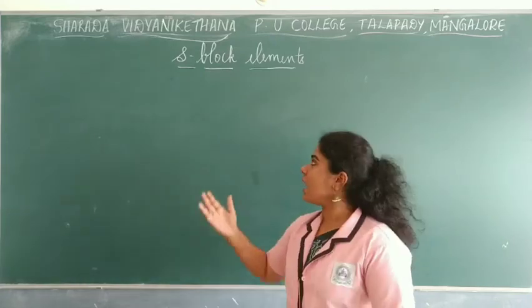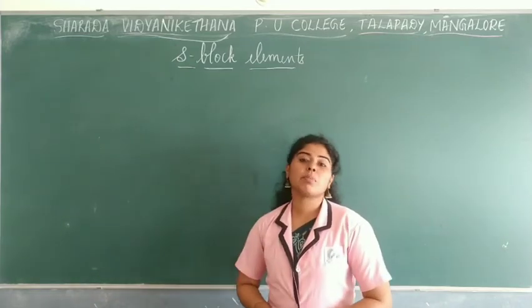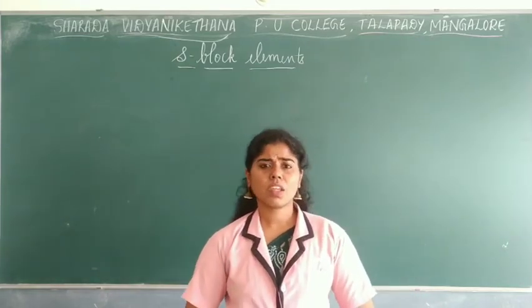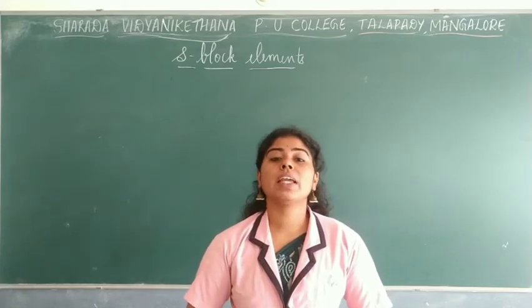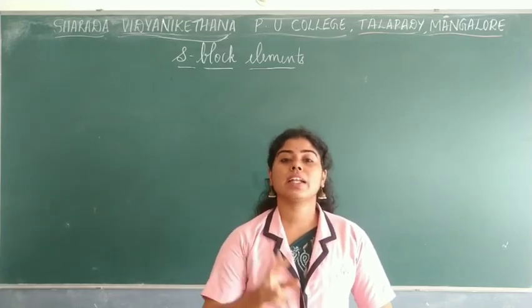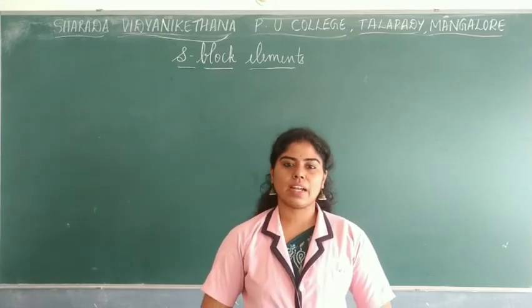So starting with S block elements, what do you mean by S block elements? S block, that is the S orbital. How many electrons can it accommodate? It can accommodate 2 electrons, right?